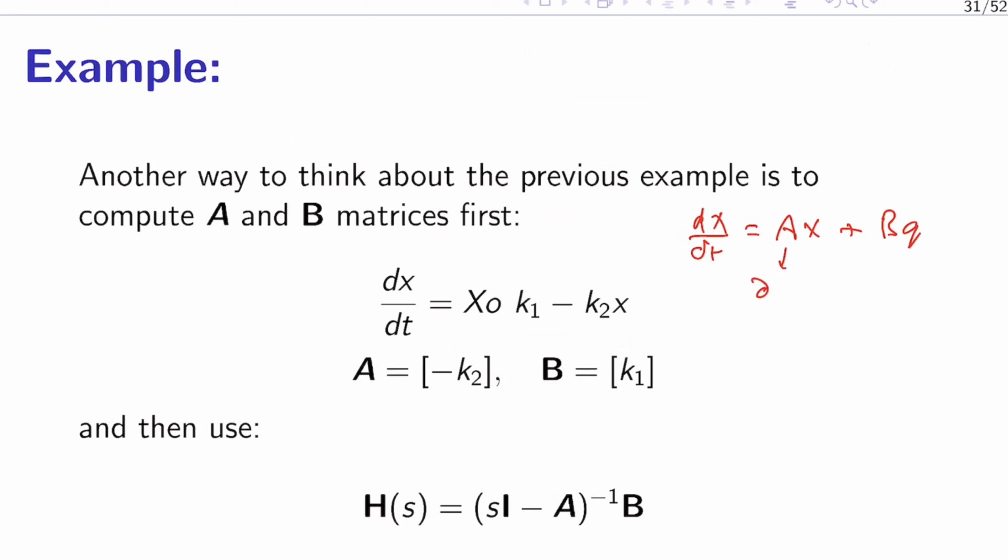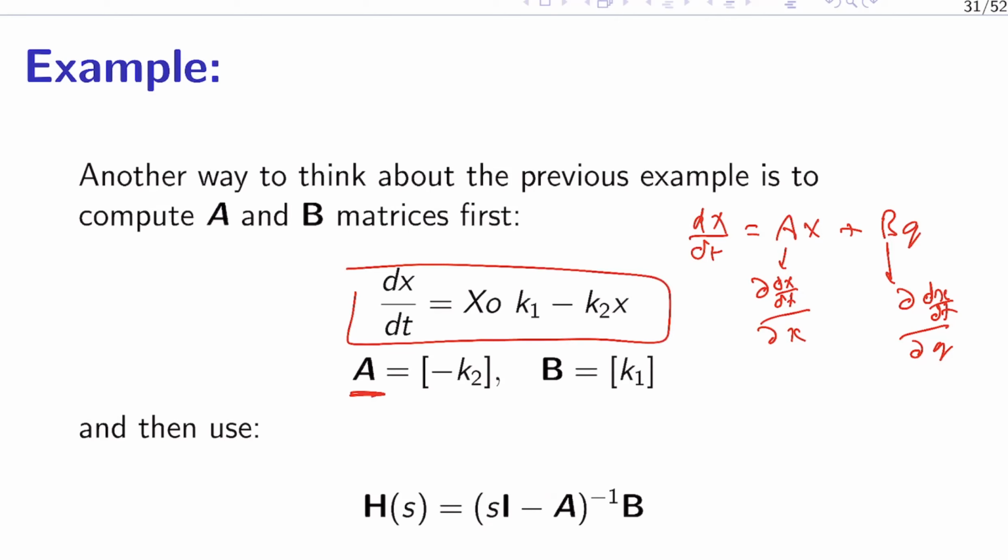A was dx dt by dx, and B was dx dt by dq. If I want A, I differentiate this with respect to x, which basically leaves me with just minus k, k2. That's easy enough.